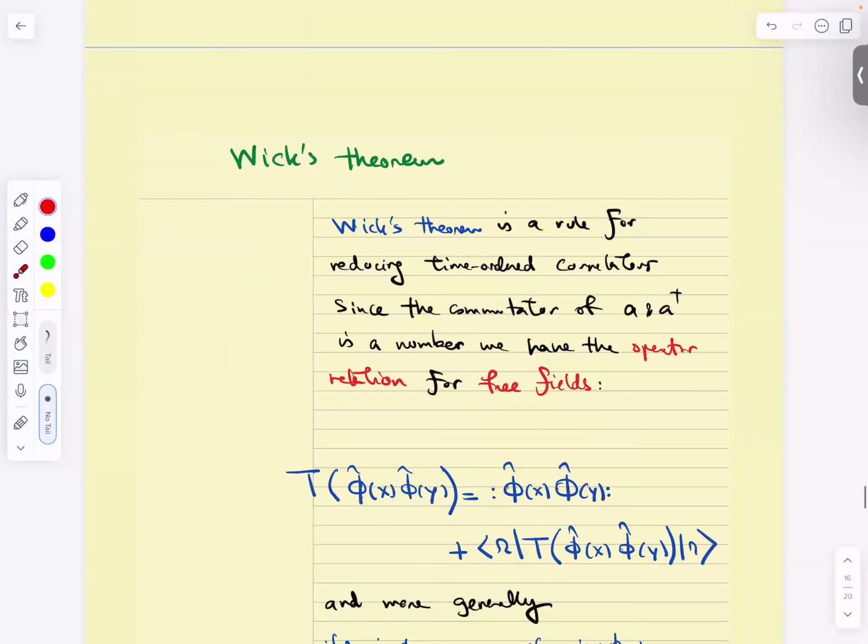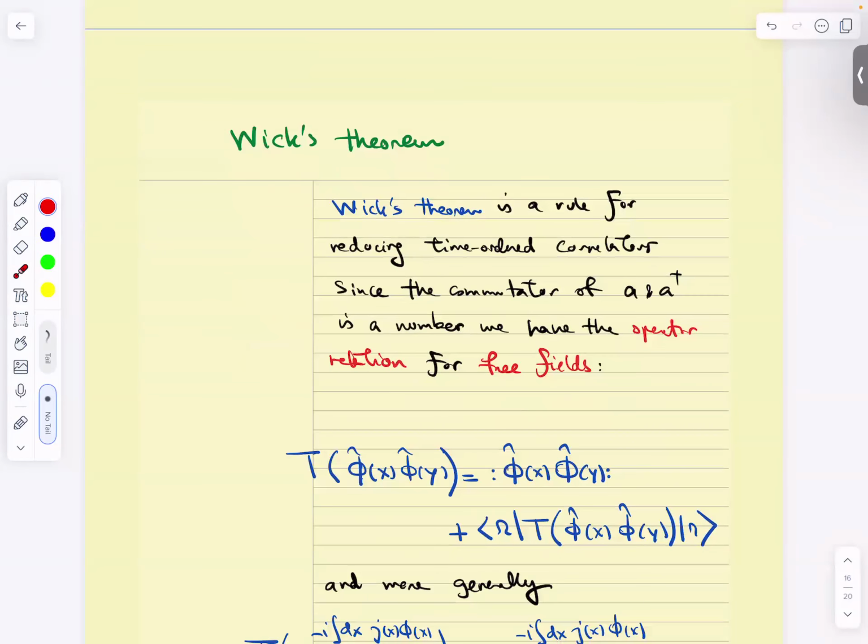What I'm going to do next is the following. Take the time ordered operator, subtract from it its vacuum expectation value, right? This is what you obtain. It's the normal ordered correlator.